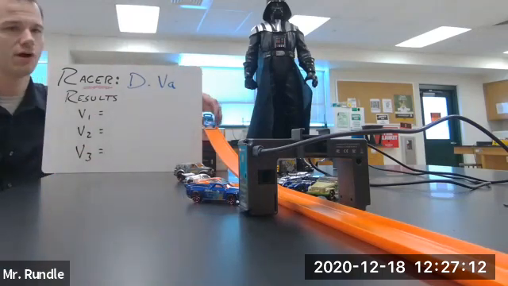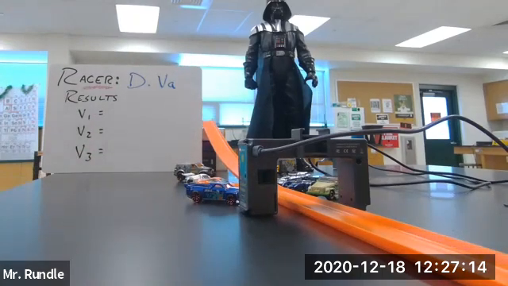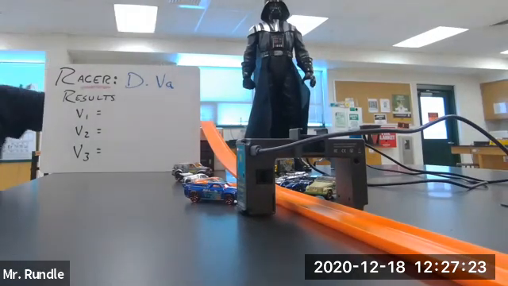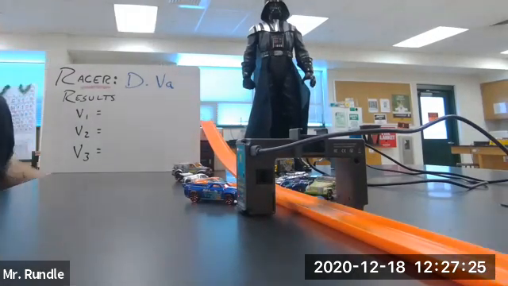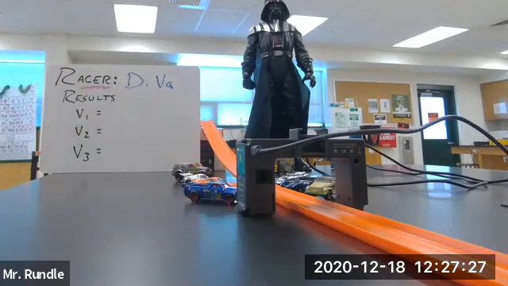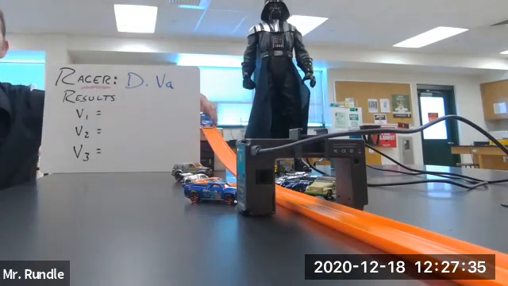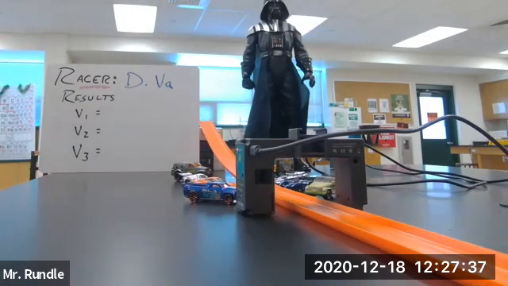Okay. Trial 1. And for the first velocity, I get 1.352. For the second, I get 1.356. That's not too much different. And for the third one, okay, I get 1.357.